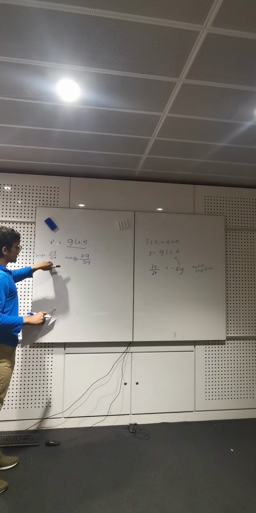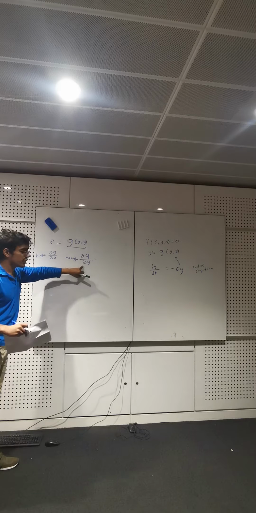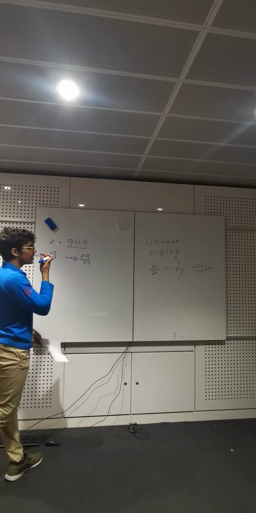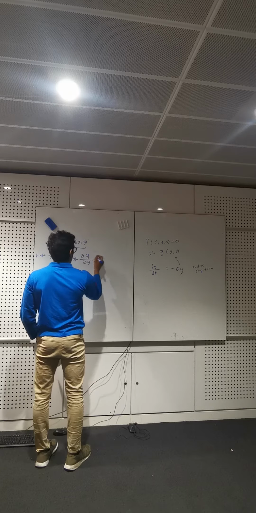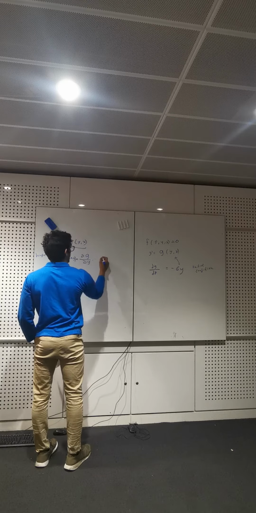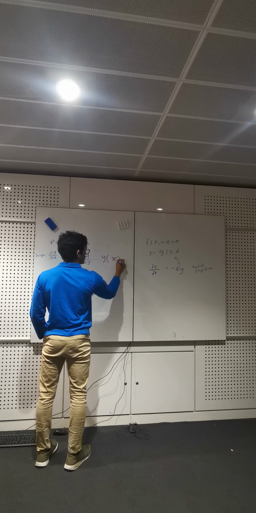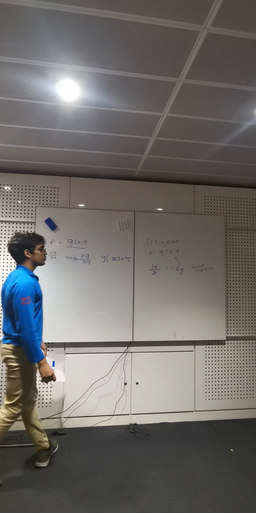If you take the partial derivative with respect to x and with respect to y, you have the initial condition, that y at some value of x is equal to some value.